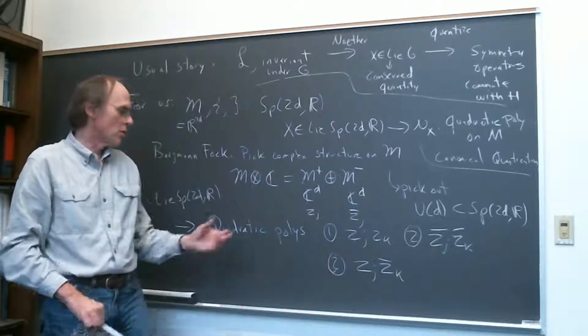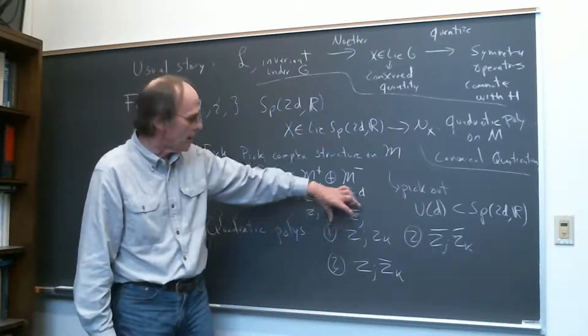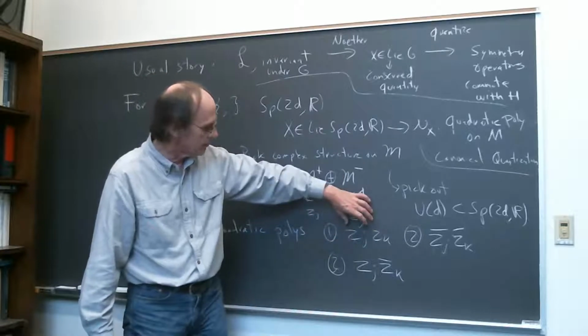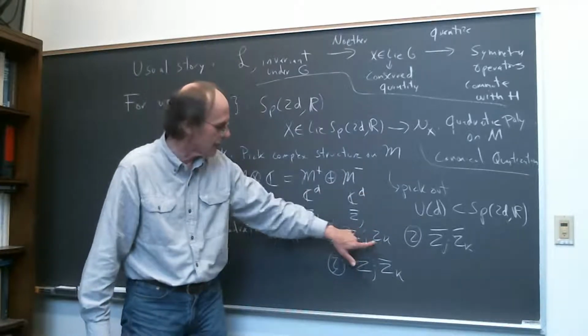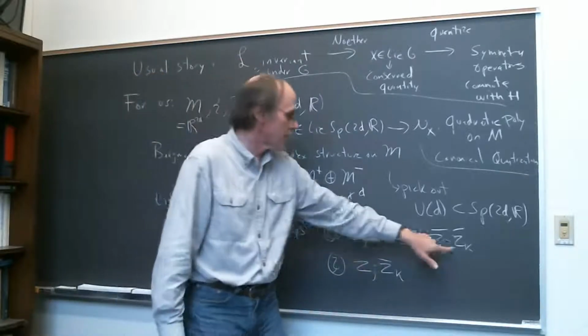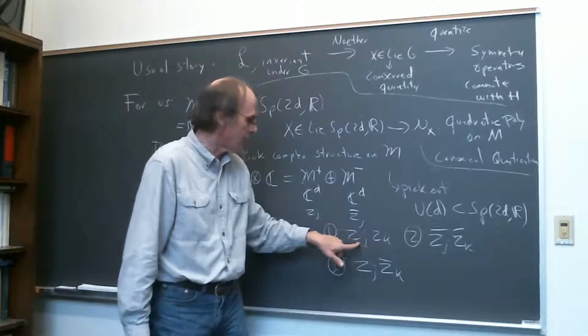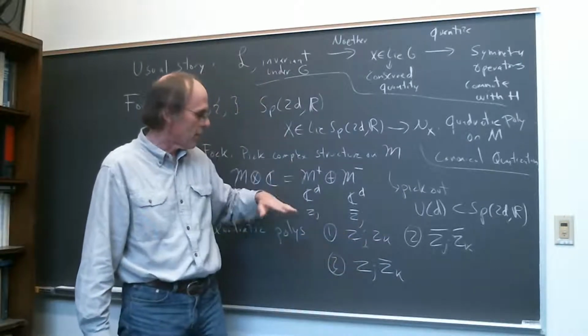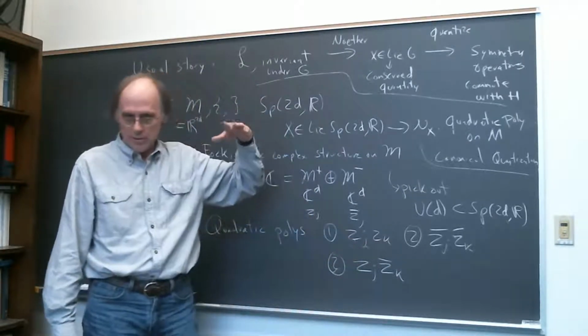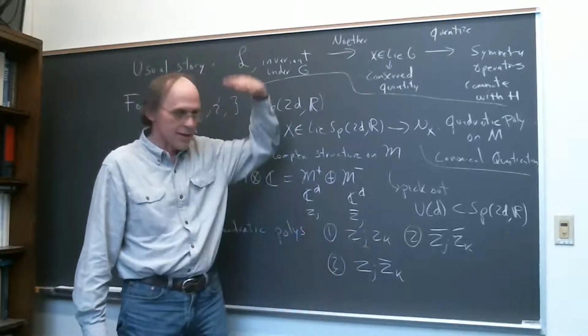Now, what's going to happen is we're going to then quantize, and these guys are going to have 2 creation operators in them. These guys are going to have 2 annihilation operators in them. So there's going to be some kind of overall quantum number you can associate to states. These things are going to add 2 to it.